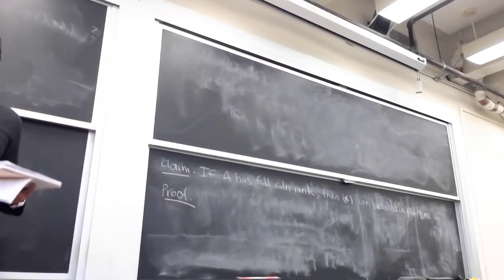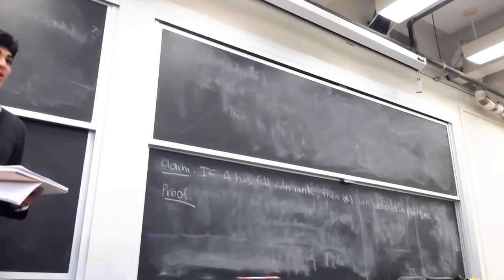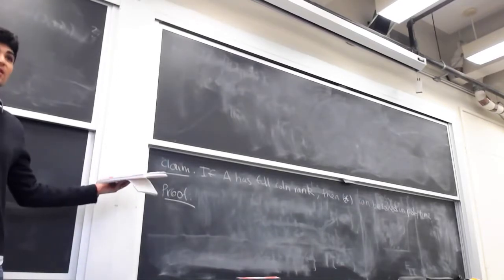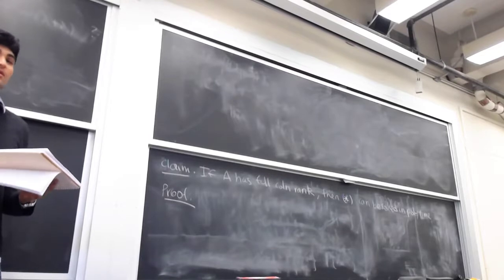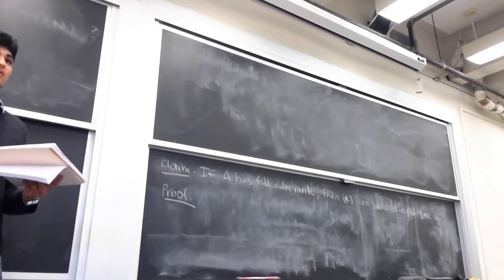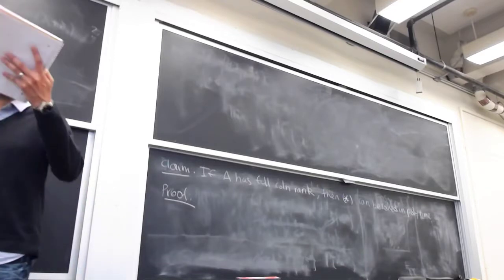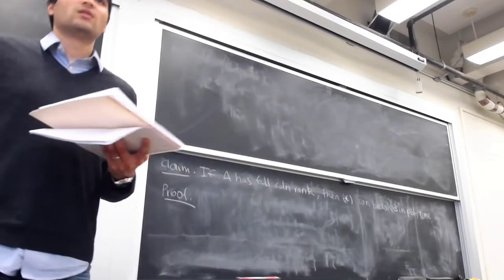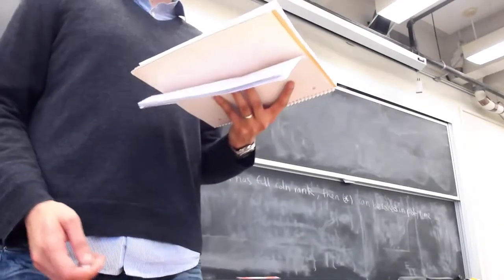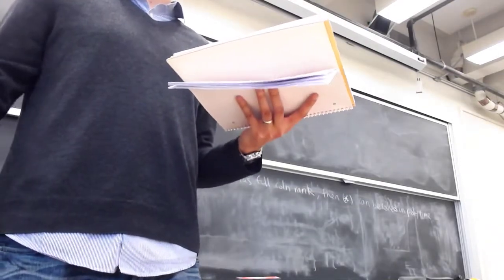So any idea how to prove this? It's been a while, we've had a long break, so let's start off with an easy one. Is there only one solution? Yes, so there's either 1 or 0 solutions in particular.